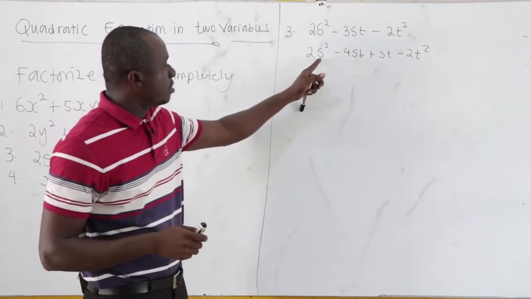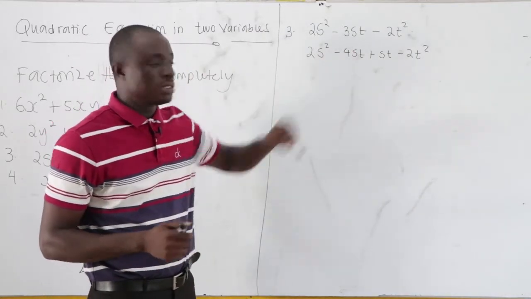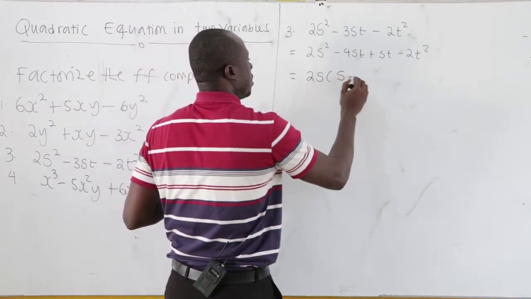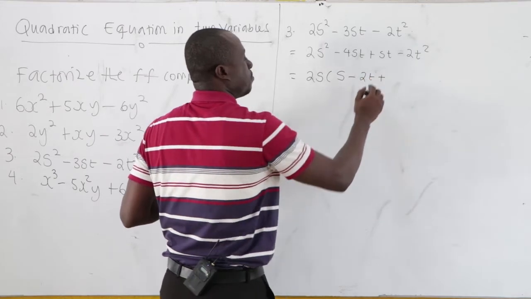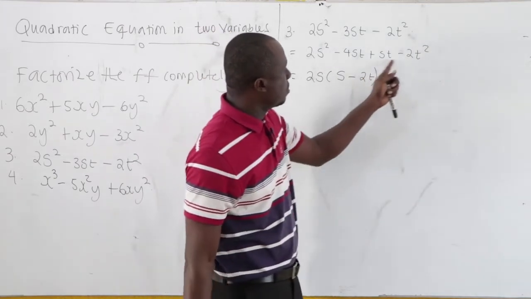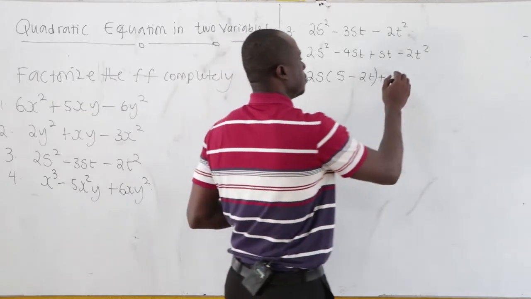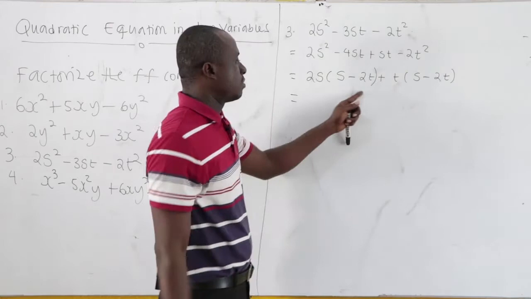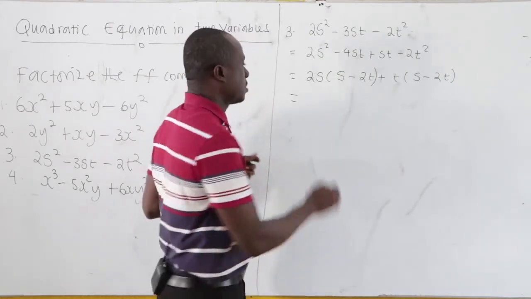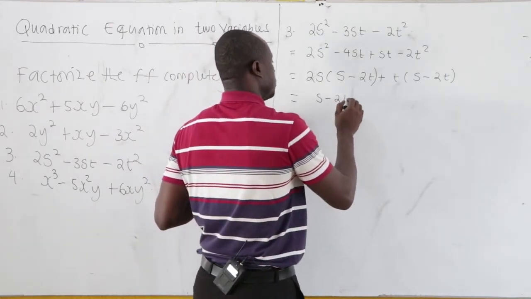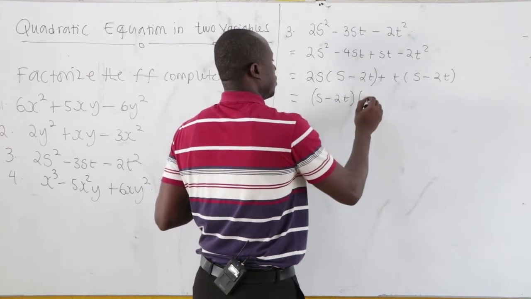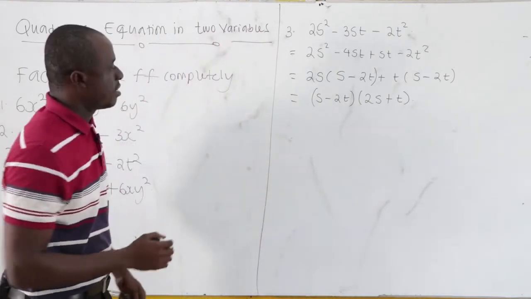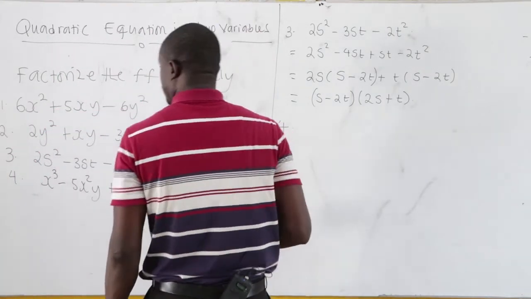Now 2s is common here, so we have 2s times s minus 2t, plus, now let's see this, what is common? t is common, so we have s minus 2t. Now s minus 2t is common. Factorize it out, s minus 2t. What do you have here? 2s plus t.